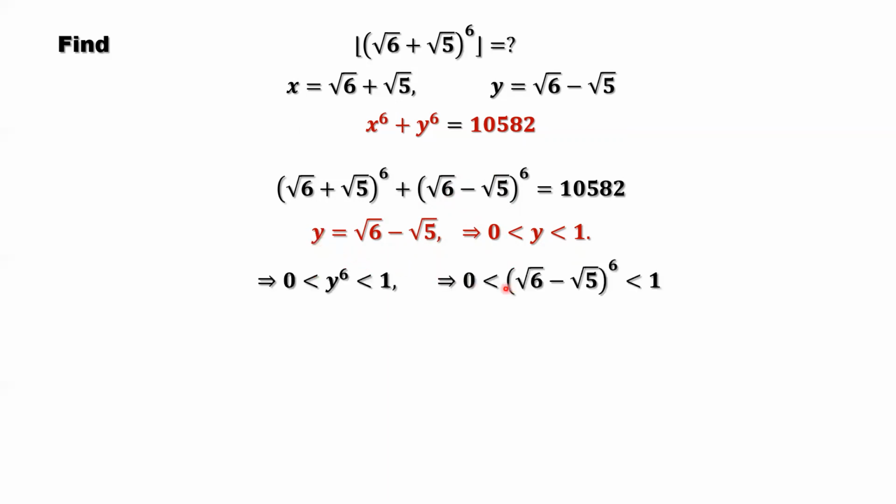You can see here, it's still less than 1 and bigger than 0. Now this number is bigger than 0, less than 1. And plus this number equals this integer. So what is this number? What's the range for this number?